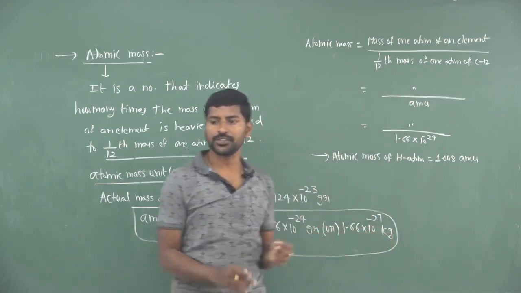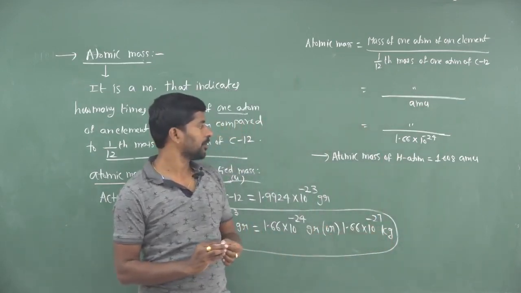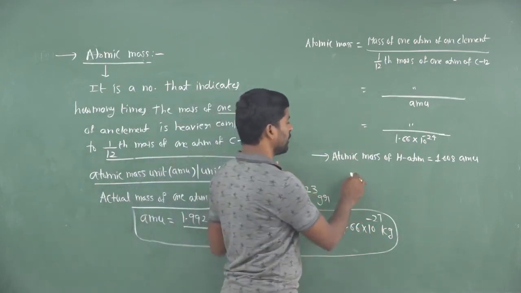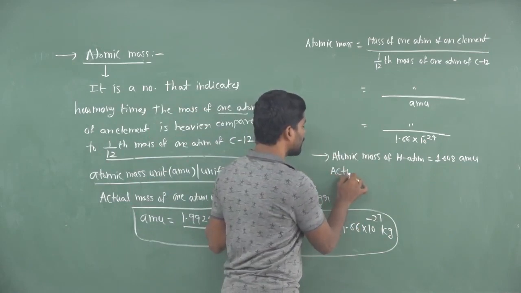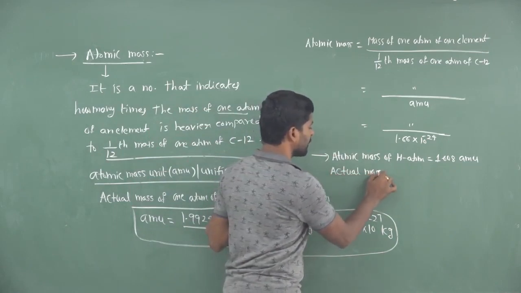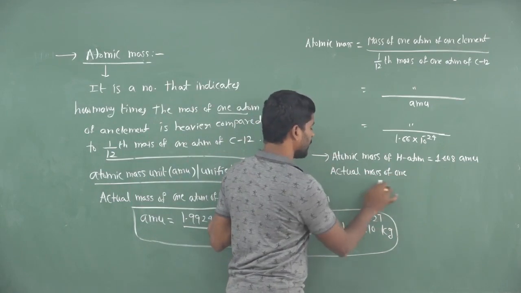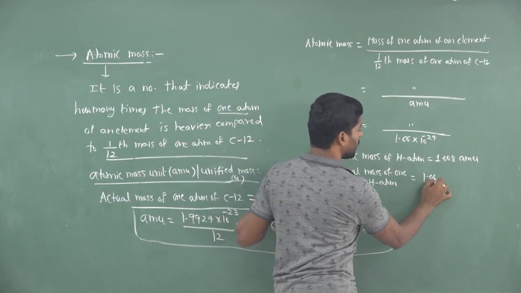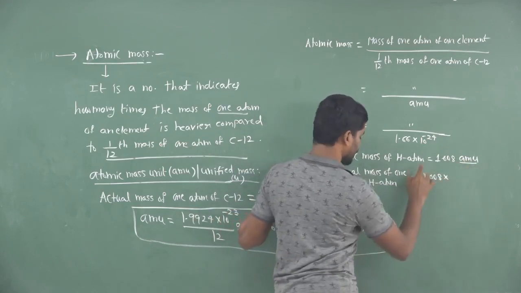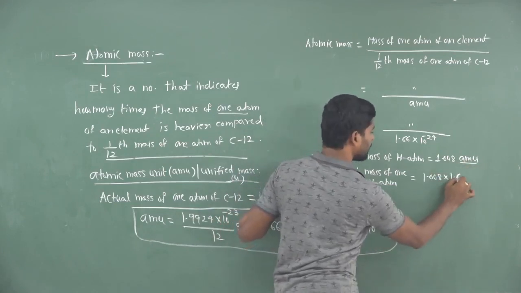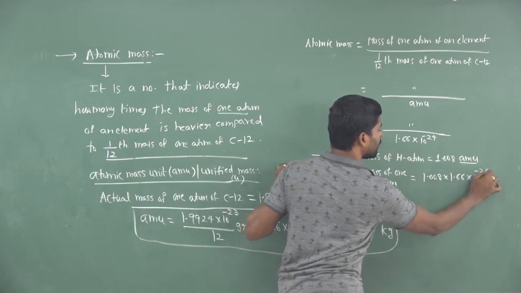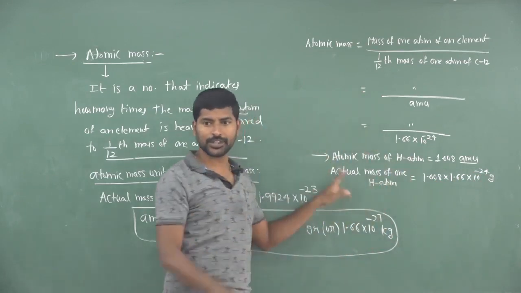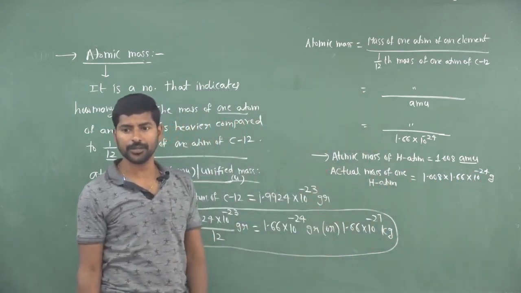Therefore, what is the actual mass of one hydrogen atom in grams? It is 1.008 into one atomic mass unit, which is 1.66 into 10 power minus 24 grams. That is the weight of one hydrogen atom.